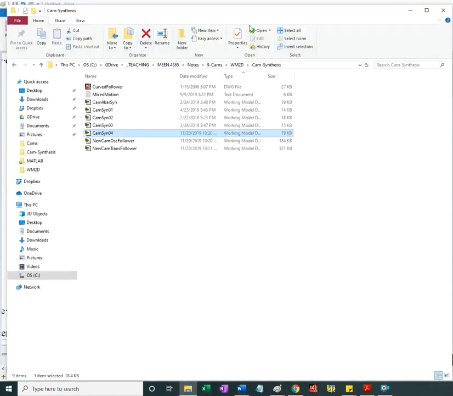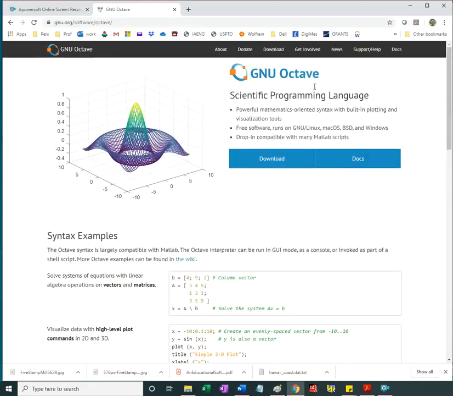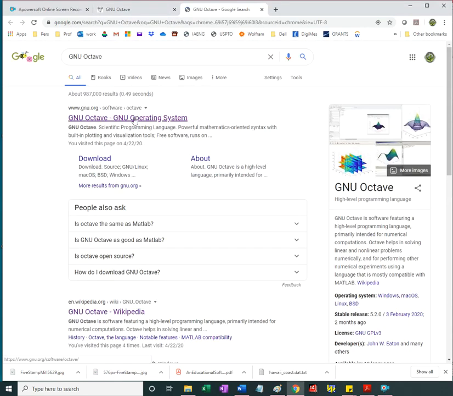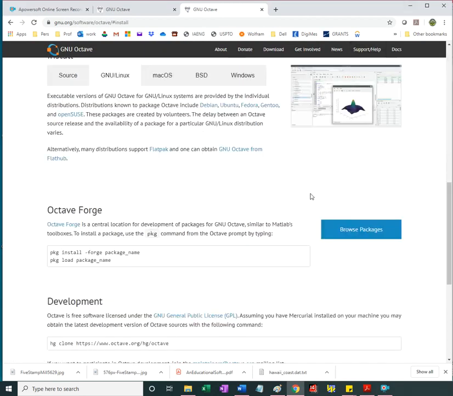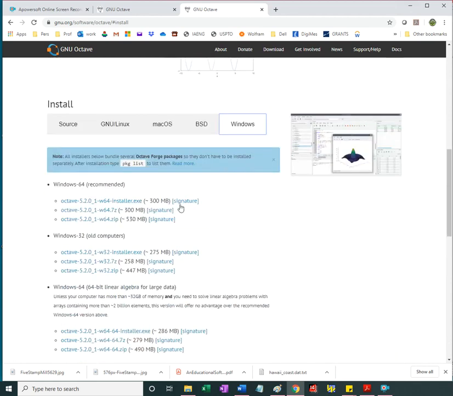If you saw Octave in my browser, it was because I was about to let you know that you just Google GNU Octave, that's it, search, and you just download and install the software on your computer. Of course, it has to be for Windows, and I'm assuming you have one of these newer Windows 64.